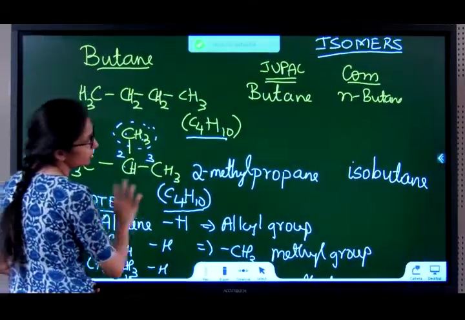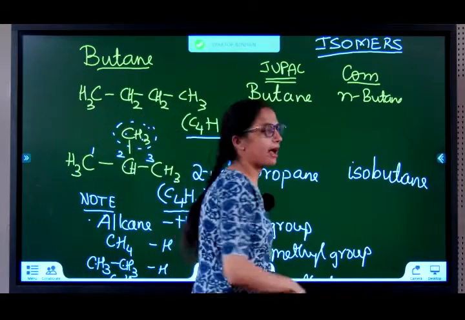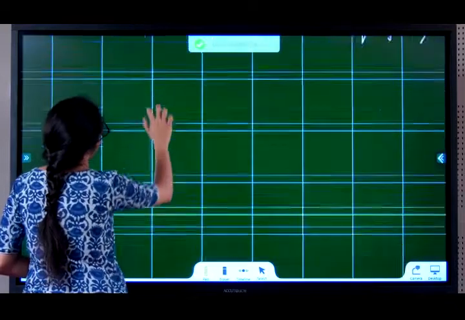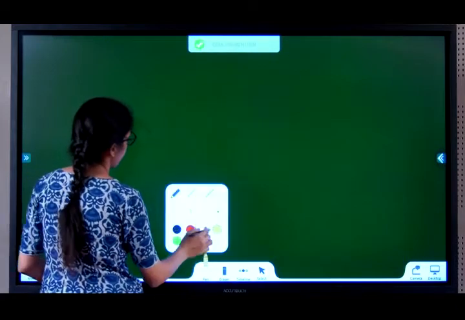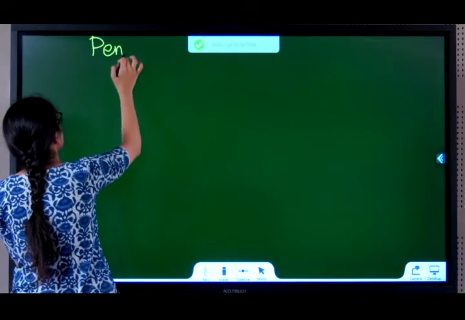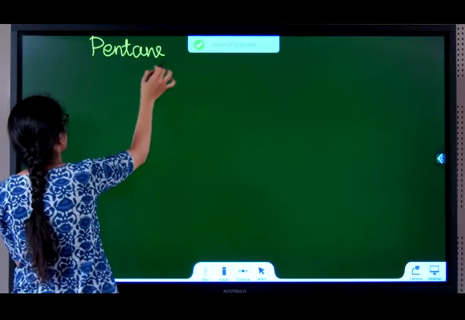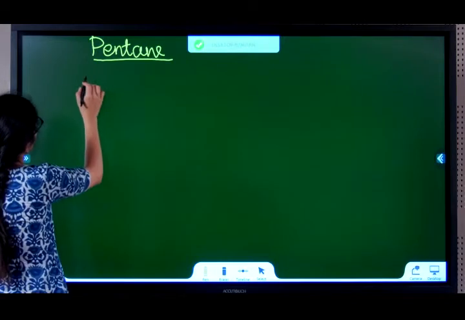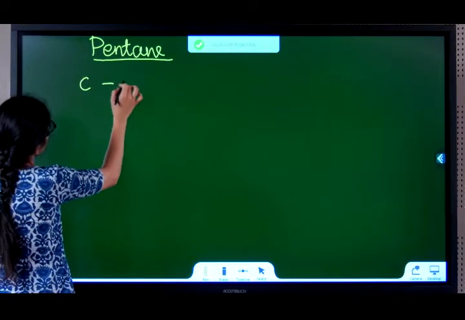What are the common names? N-butane because it's normal butane, and the other one is isobutane, which brings us to the next part that we're going to study, isomers of pentane. Okay, now let's begin. So we have 5 carbon atoms.